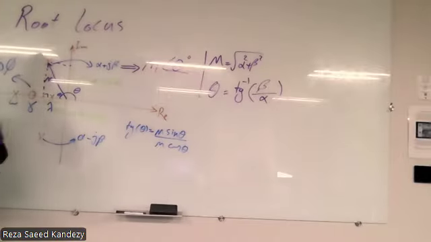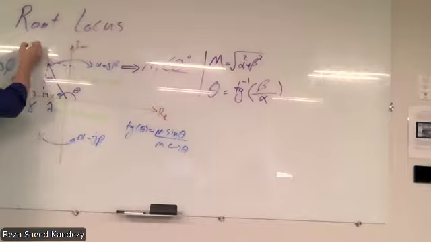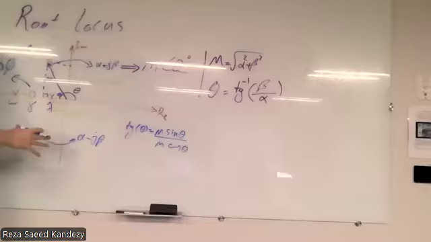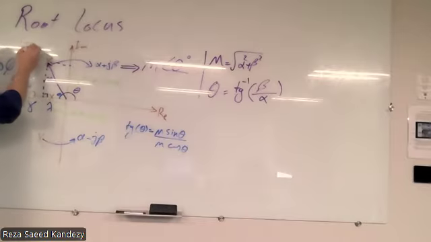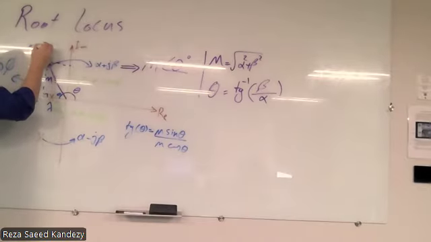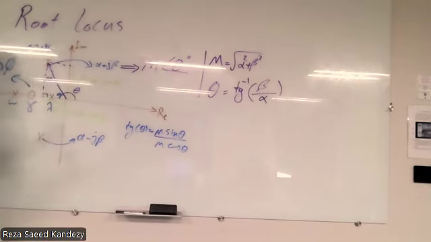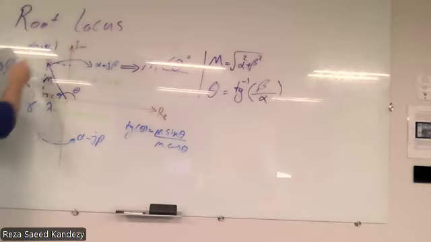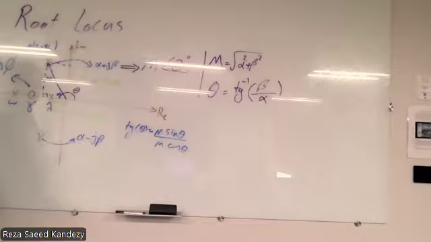Let's say I want to see, if I have a pole here, a point here in my system, and my s is equal to some value like a plus jc, am I going to have a stable or unstable system first?